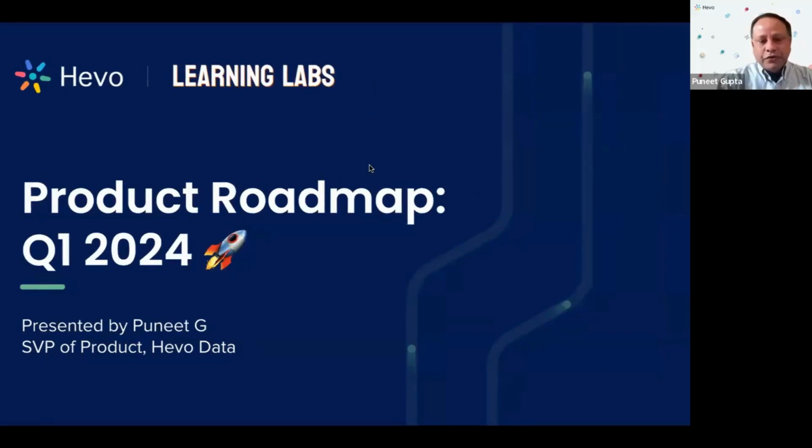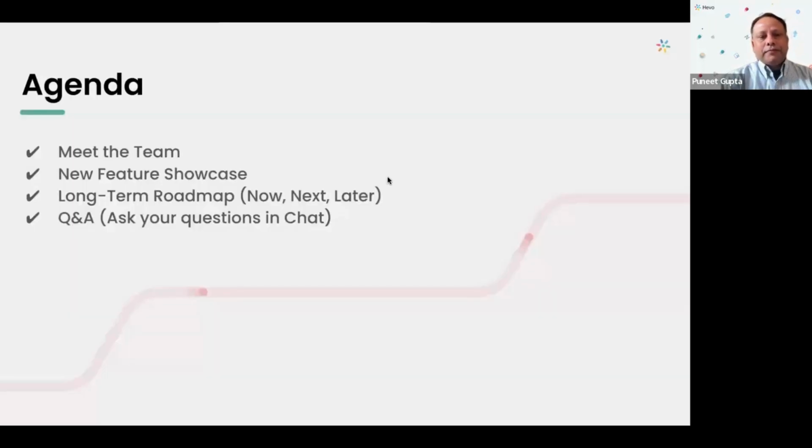Hey, everybody. Thank you for joining. Agenda: we'll first introduce the PM team at Hevo so that you can put a name to the face. Then we're going to walk you through some of the new features we are working on: a brand new pipeline creation flow and some observability and job monitor capabilities that we're going to talk about and actually demonstrate.